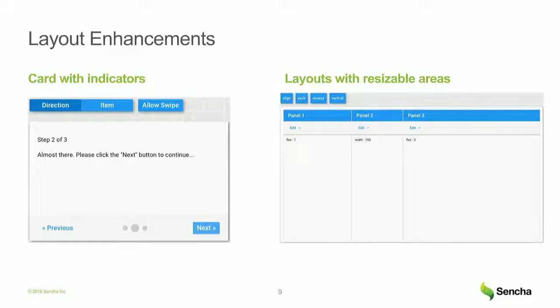We've also improved layout so that you can resize the areas that are within the layout. If you look in the right-hand picture, you can see that we've created sort of a 3-column layout with 3 different panels lined up next to each other. Well, if this were live, you could position the cursor over one of those vertical borders and actually drag it to the left or the right to resize the size of those columns within the individual layout.